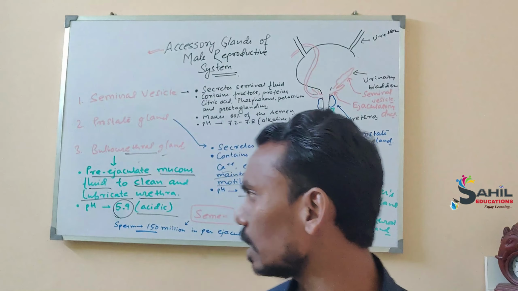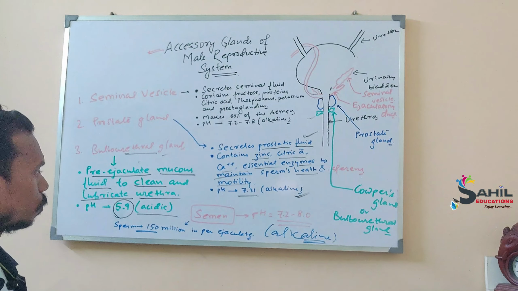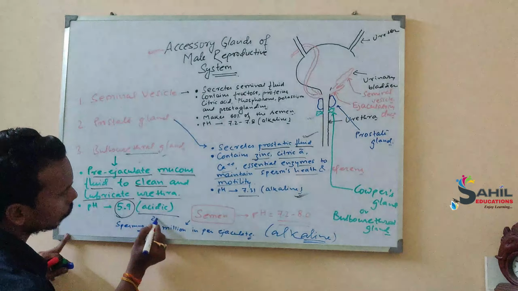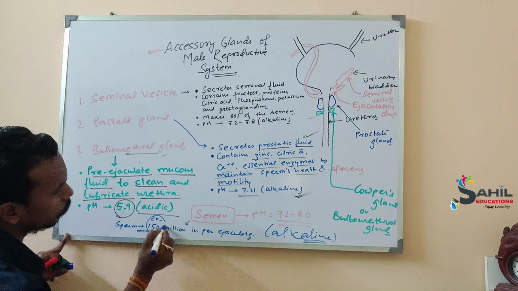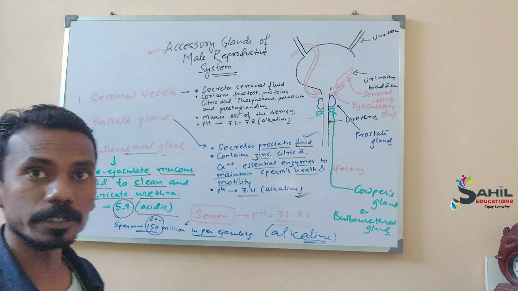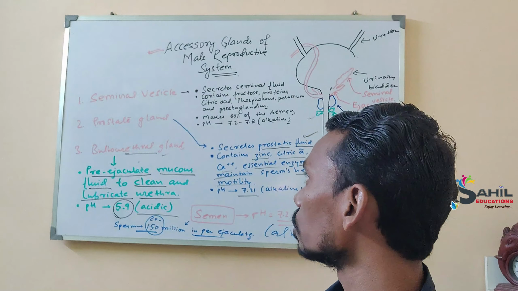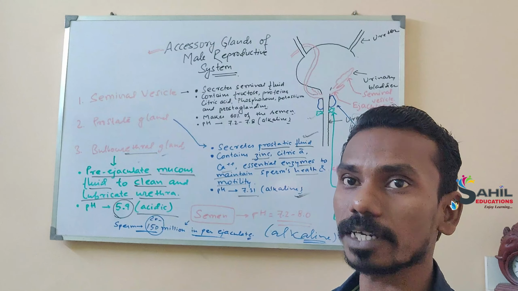It varies from 20 to 150 million, so the range goes from 20 to 150 million per ejaculate. So remember the numbers and the functions, so that this part can help you in your exam.